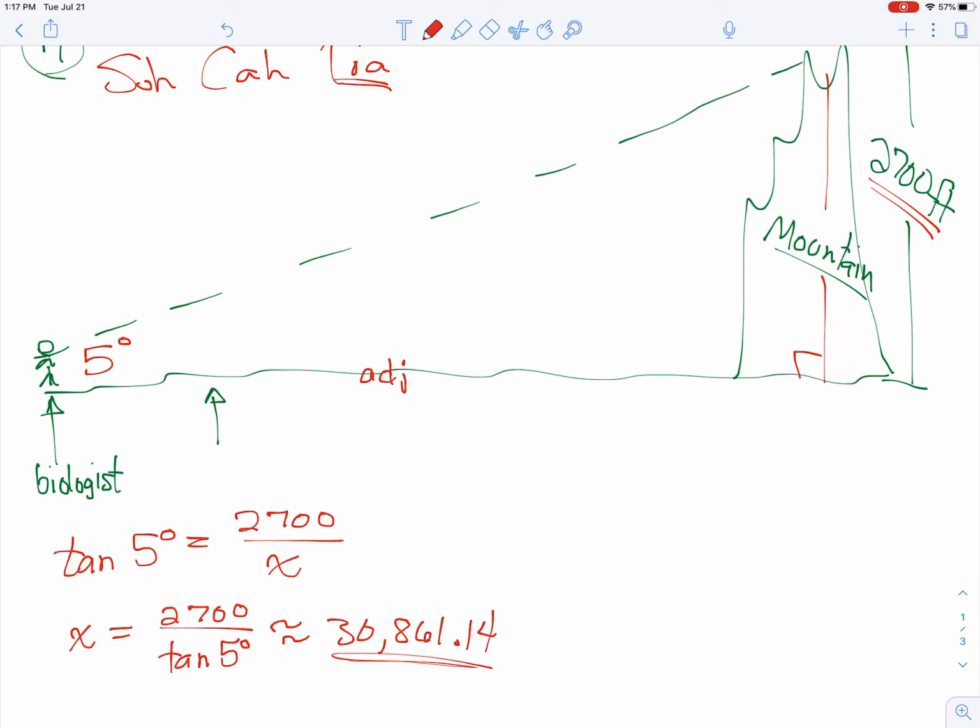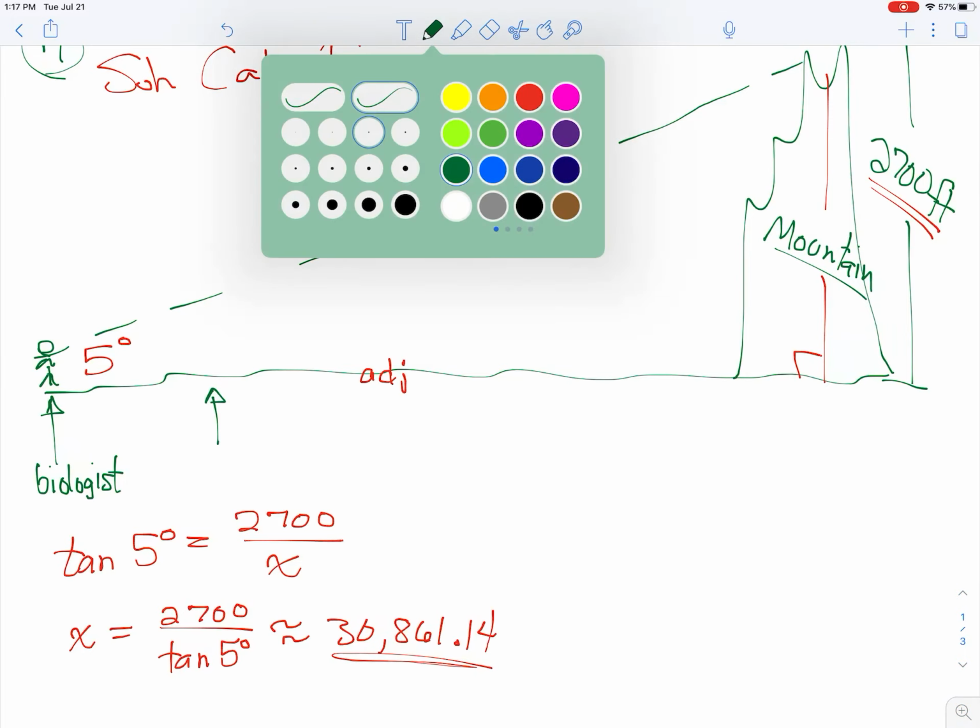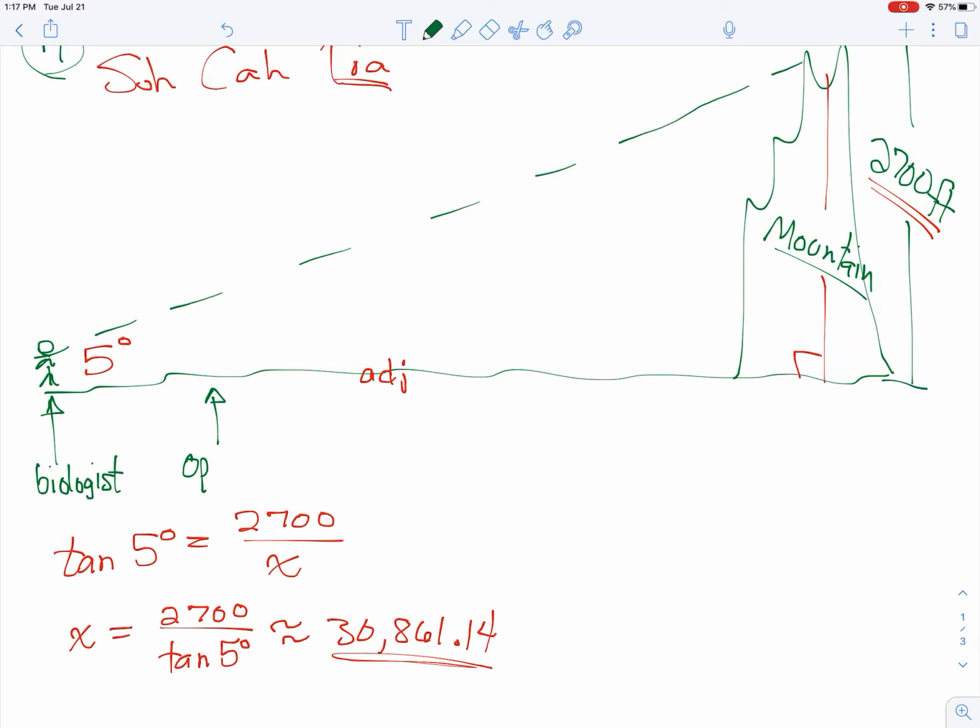Then the second one is the ophthalmologist, who has an angle of elevation of 7 degrees. So that ophthalmologist, let's say right here, is closer. Their line of sight has to go a little higher to see that, and it's 7 degrees.